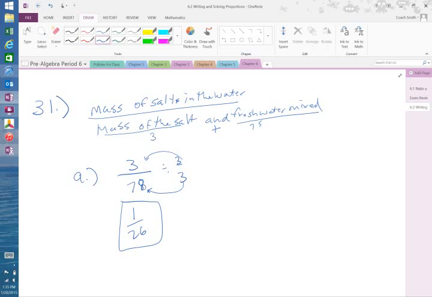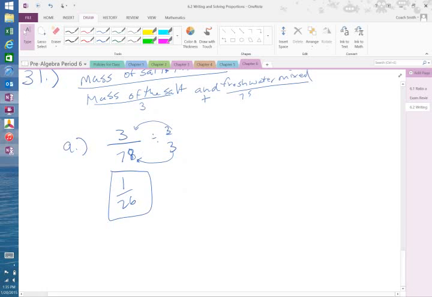Now, a sample of salt water has a salinity of 3/45. So that's a ratio, right? So that tells me the ratio for B is 3/45. Okay?